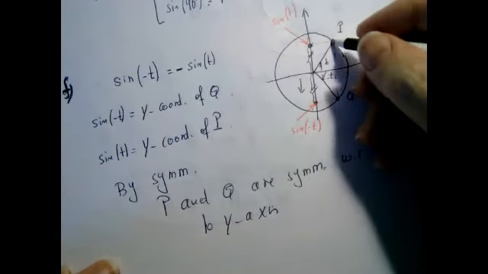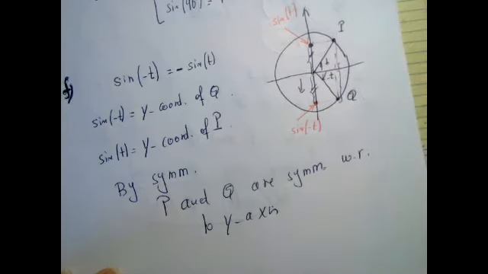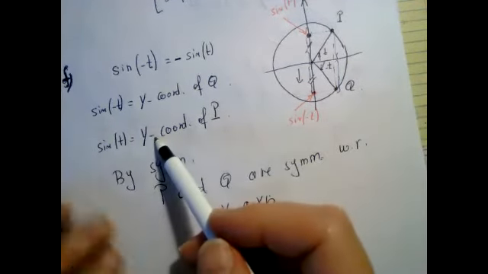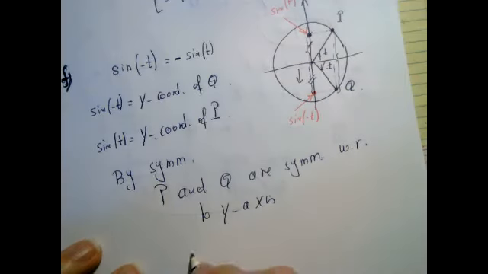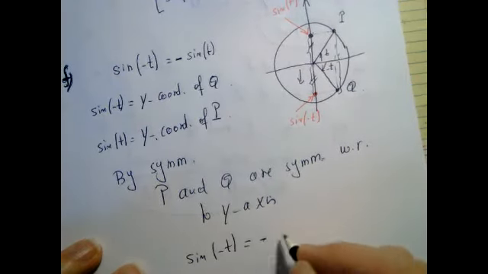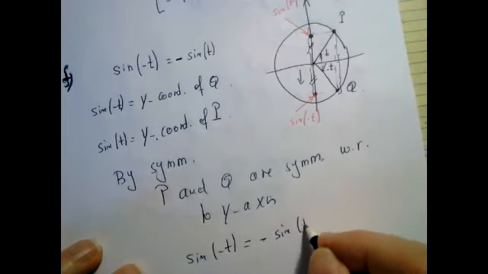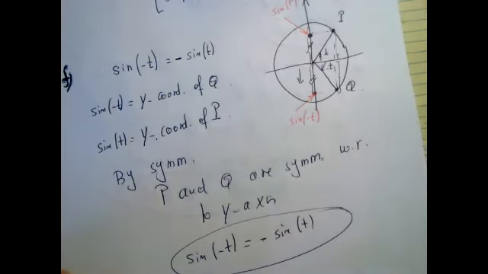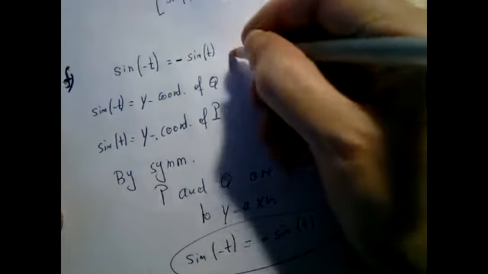From here to here is the same as from here to here. It means their y coordinates are the opposite of each other. It means the y coordinate of one is minus the y coordinate of the other. So this is absolutely a true statement.